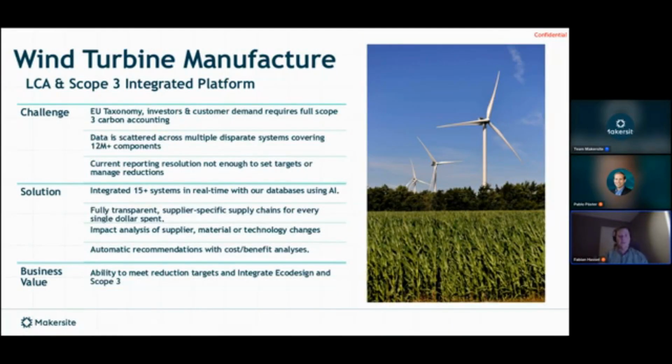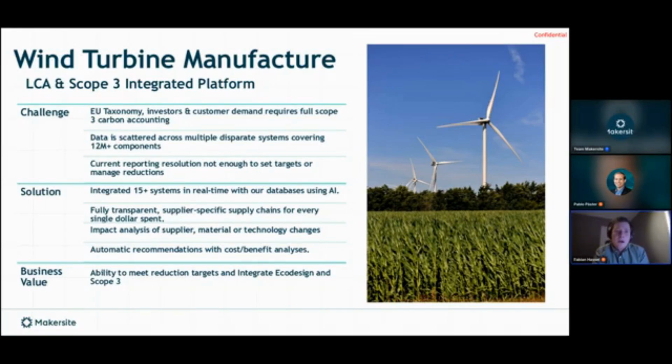A second case is a wind turbine manufacturer, which had a slightly different challenge. Investors and customers required full scope 3 carbon accounting from them, also providing information for the EU taxonomy. They faced the challenge that they had data scattered across multiple systems, covering more than 12 million components, meaning not even materials, but components.